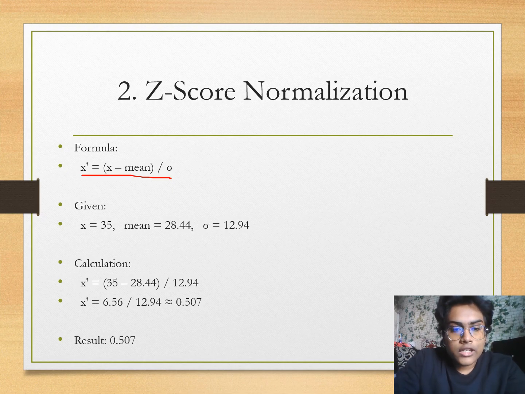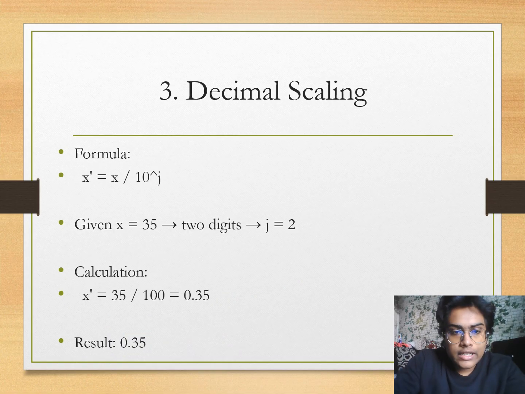Let's calculate: x dash is equal to 35 minus 28.44 divided by 12.94, and the whole calculation is 6.56 divided by 12.94, which is approximately 0.507. So by z score normalization we got 0.507.